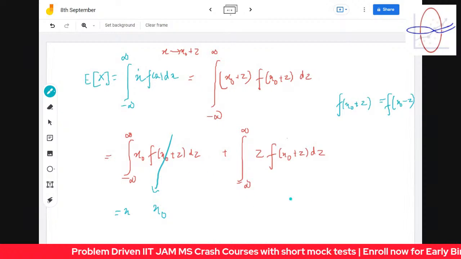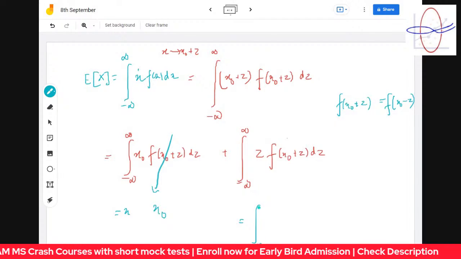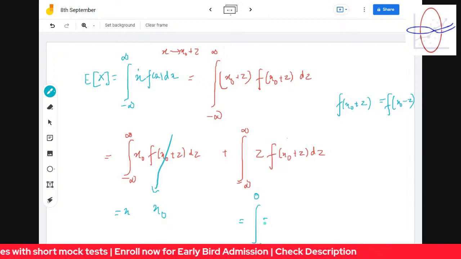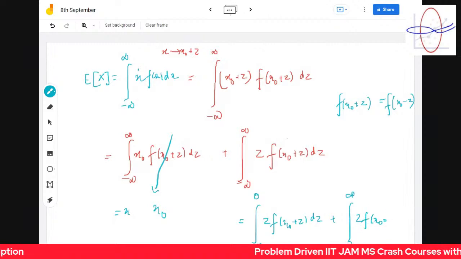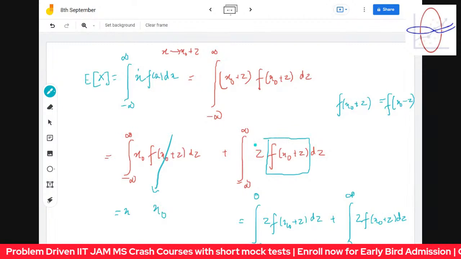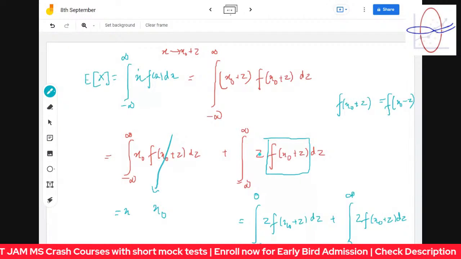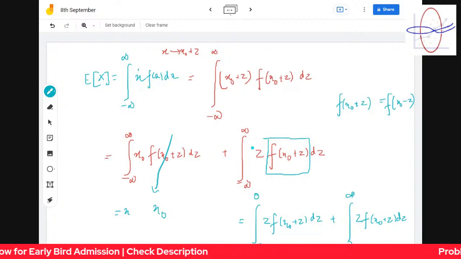But this is where it was a problem. If you divide it into two halves, minus infinity to 0 of z f(x naught plus z), plus 0 to infinity of z f(x naught plus z), this is an even function around x naught, and this is an odd function.